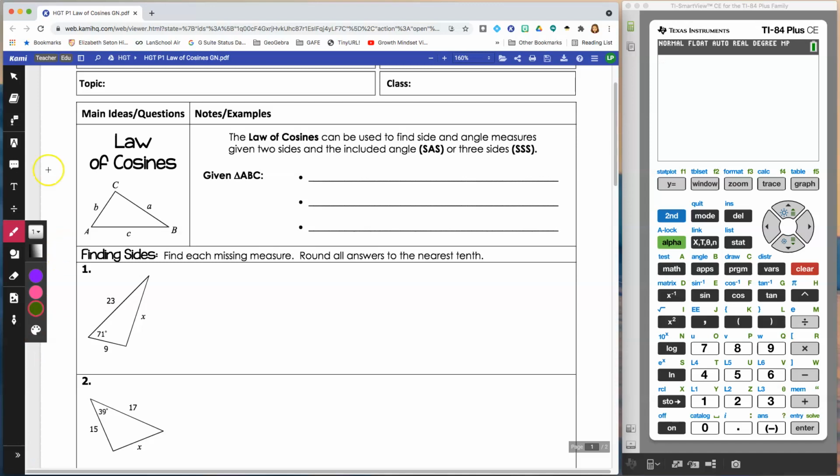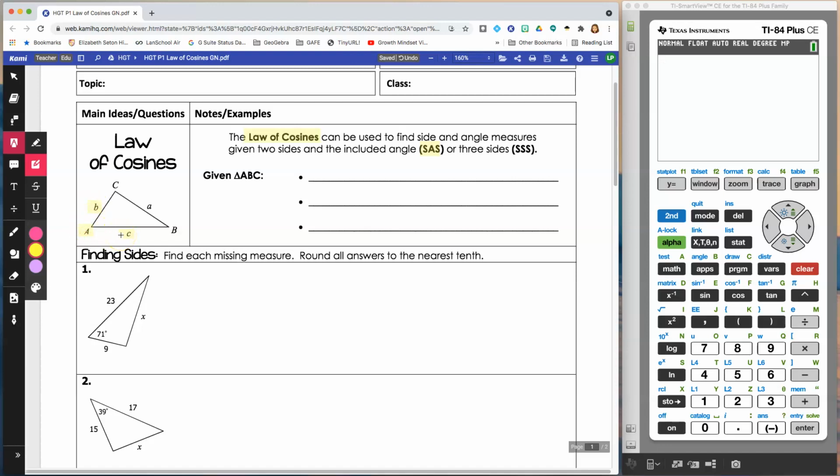Now we use the law of cosines in very specific situations. So here's the law of cosines, and when do we use it? We use the law of cosines when we are given a situation like side, angle, side. So if I'm given two sides, like side B and side C, and angle A, this would be side, angle, side.